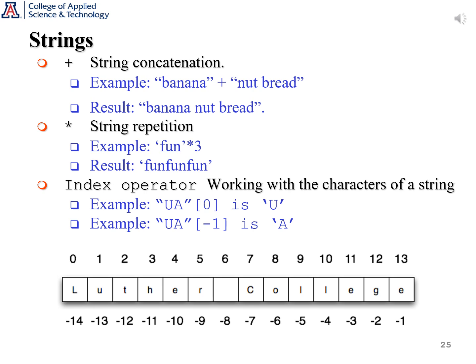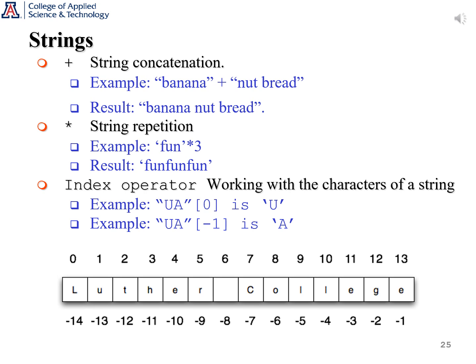String concatenation and repetition. String indexing. The indexing operator in Python uses square brackets to enclose the index to select a single character from a string. The characters are accessed by their position or index value.